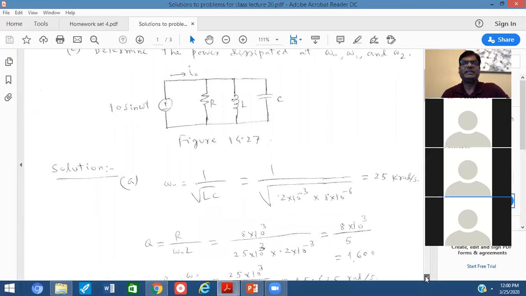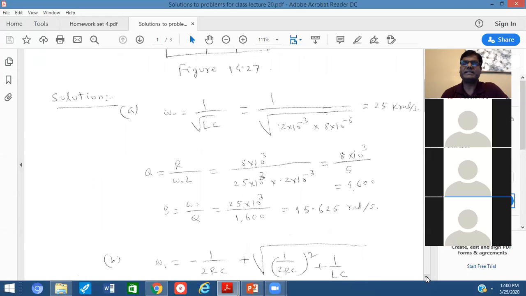First of all, you see, I'm calculating omega naught. Omega naught is 1 over root LC. I am just substituting the values of L and C from the given statement, and that gives me 25 kiloradian per second.